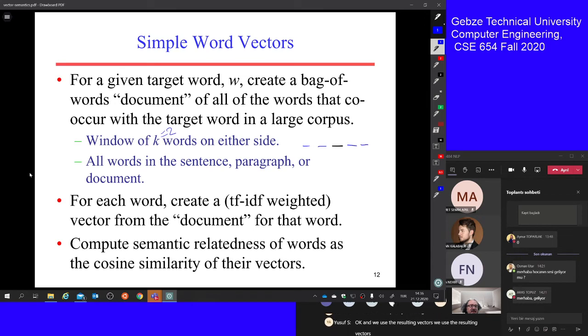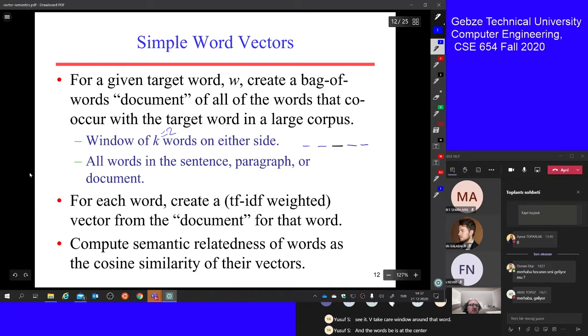To represent that word. Maybe I should stress this. We did not represent words using TF-IDF vectors, right? The TF-IDF vectors, we use them only to represent documents. So what we are doing right now is, for each word, wherever we see it, we take a window around that word, and the word is at the center.